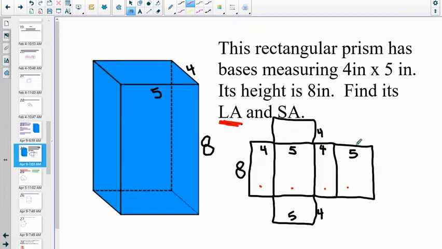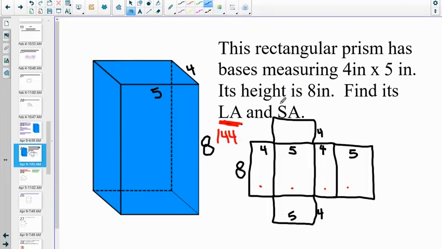Or I'm going to think of this as one great big rectangle with a height of 8 and a width of 4 plus 5 plus 4 plus 5, 18. So my lateral area, I'm just going to do 18 for this total length here times 8 for the height. I'll just pull out my calculator and do 18 times 8, and I got a total lateral area of 144.